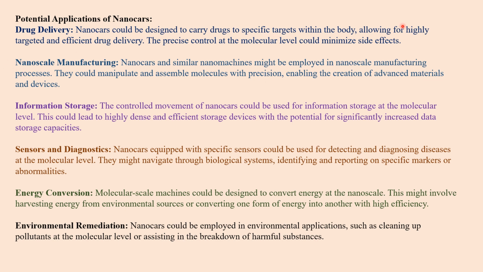This particular kind of nanocar is used basically for cancer treatments. Nanoscale manufacturing includes nanocars, and similar nanomachines might be employed in nanoscale manufacturing processes, which could manipulate and assemble molecules with precision, enabling the creation of advanced materials and devices.